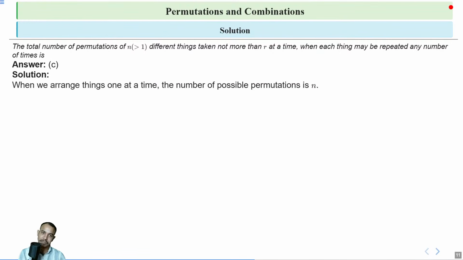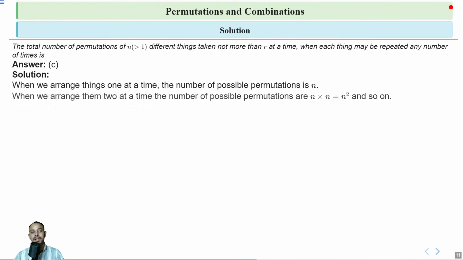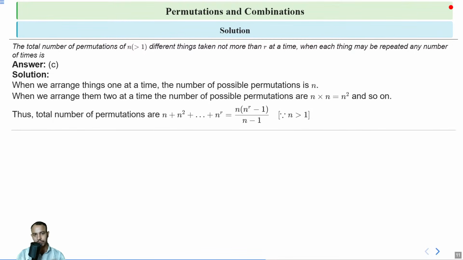So first note here, when we arrange things one at a time, then the number of possible permutations is n. And when we arrange them two at a time, then the number of possible permutations is n times n, that is n squared. Okay, and so on. So what will be the total number of permutations?